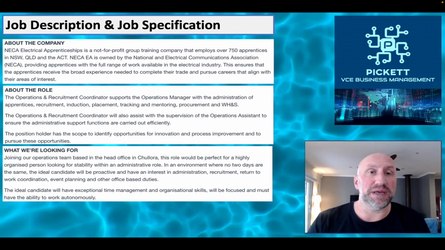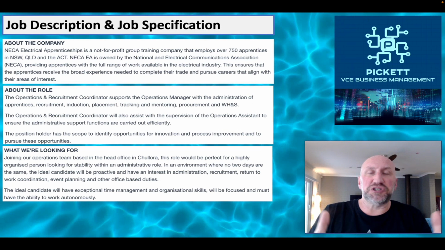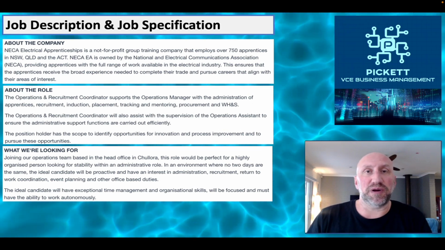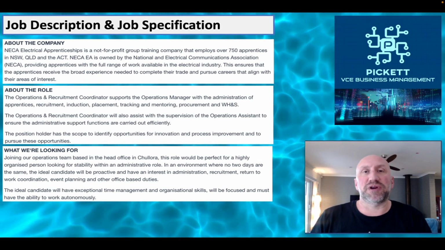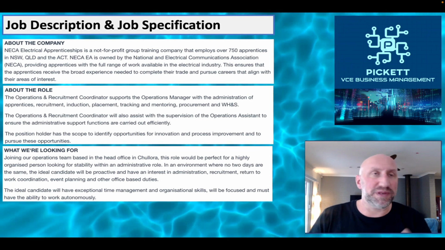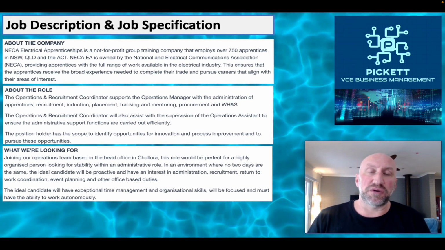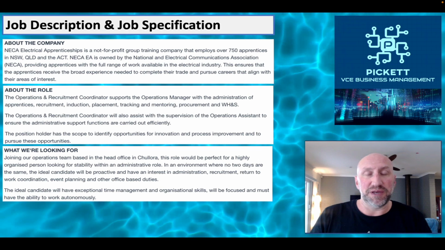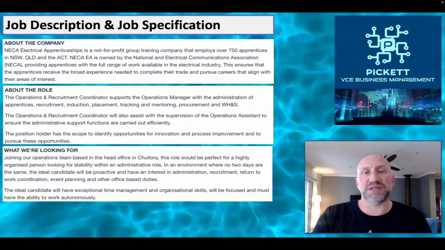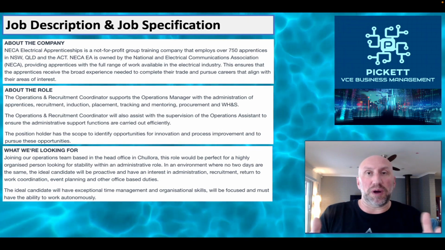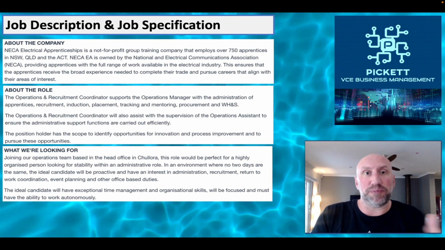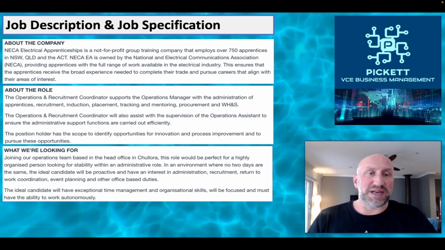There's a bit of information about the company, just so you know what type of business you're applying for. Of course, some ads might be for a company that we've all heard of, we're all familiar with, but there's obviously a lot of businesses out there that you could apply to that you actually don't know much about. So this is just a bit of introduction to the business so that you know what business you're applying to.